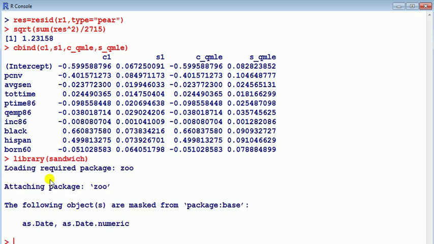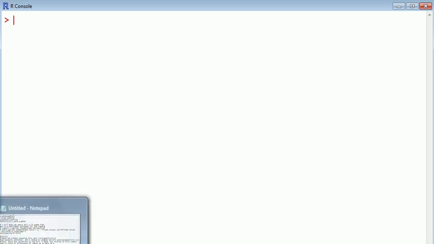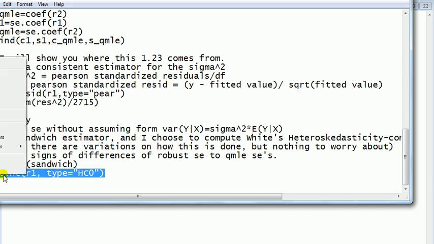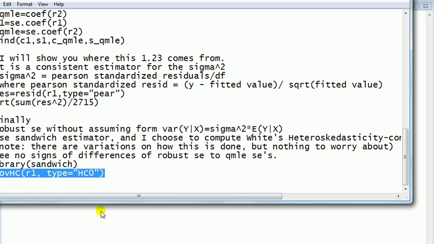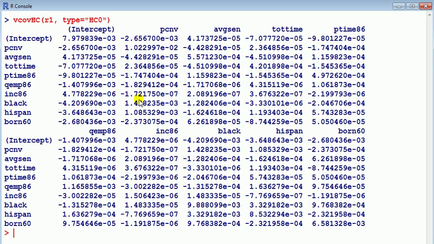To get that, we need to call up this sandwich package, and then we can call up a consistent estimate that's robust to heteroscedasticity, and the form I'm using is White's consistent standard errors, which is for large samples. So here you go. Remember, this is a variance covariance matrix, so what we just need are the diagonal elements.